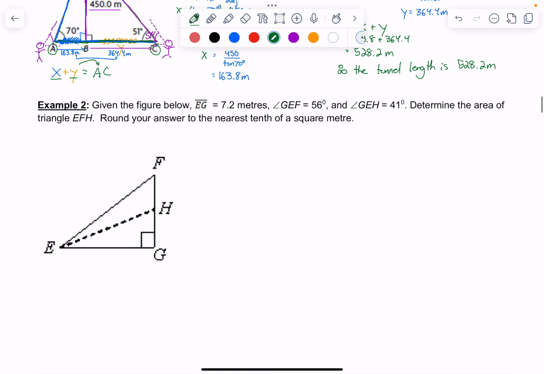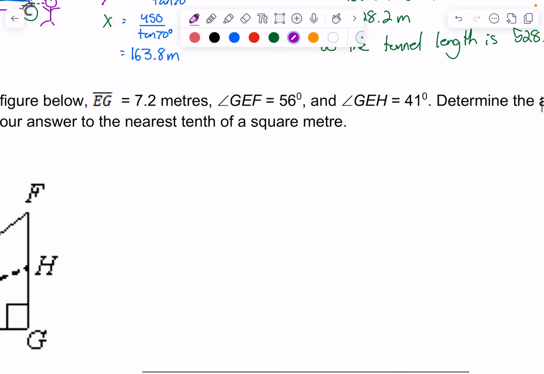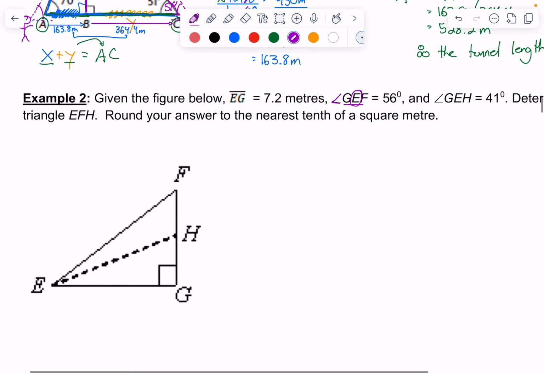Given the figure below, side length EG equals 77.2 meters. Angle E, which is part of triangle GEF. Okay, so the way you read this is I'm saying an angle, and it's part of the triangle GEF. And the angle being given is the letter that you see on the inside here, okay? So it's actually angle E from the triangle GEF.